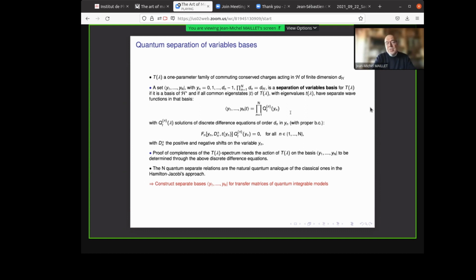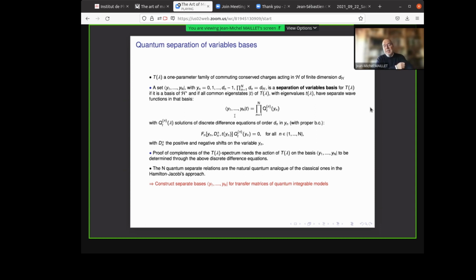Well, then, of course, you see that you go from the simultaneous N variable situation to one variable. And of course, this is a big simplification. But of course, you are not happy just with that. Usually, if you want to prove that you have a complete spectrum, you further need to be able to describe explicitly the T(λ) action on such a basis.